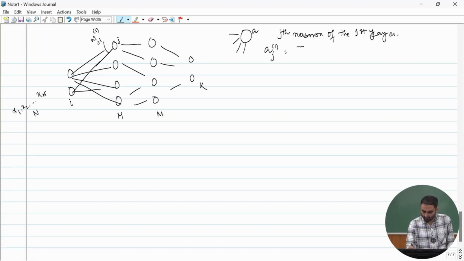So this is sum over all the inputs, i equals 1 to n, Wji 1 xi.